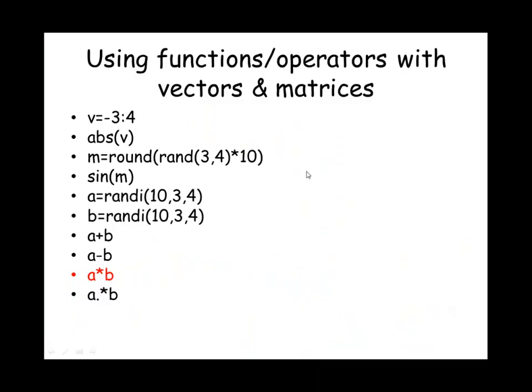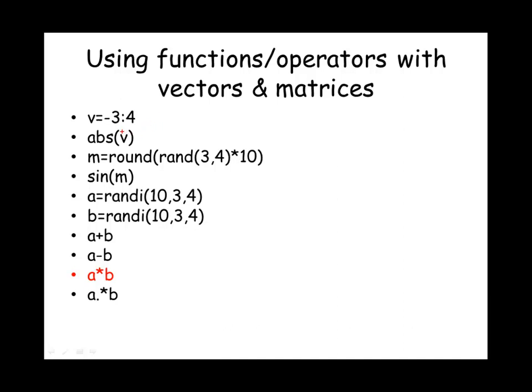Most MATLAB functions can operate on matrices just as they would operate on scalar values. So ABS is a function that returns the absolute value of a number. If you provide a scalar value, a single number, it will just return the absolute value of that number.